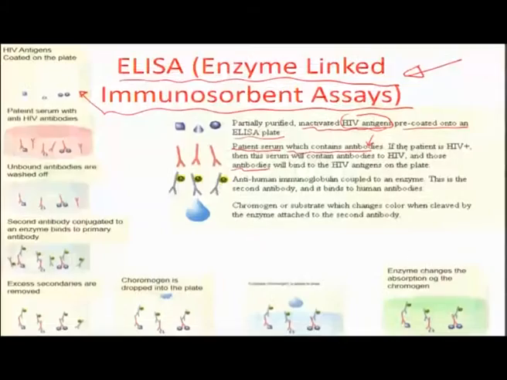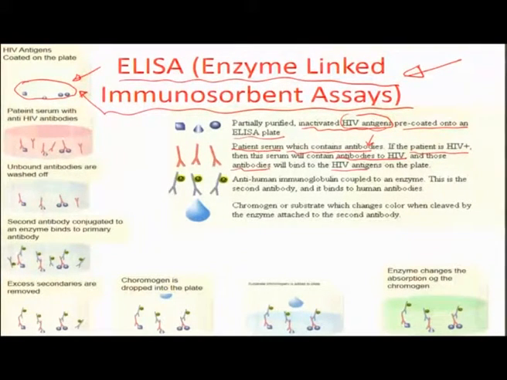So, if the patient is being diagnosed for whether he is HIV positive or not, and supposing there is an infected patient, his blood will definitely contain antibodies which are grown to the HIV antigen, and those antibodies will definitely bind to the external HIV antigens which we have put in the ELISA plate in step 1 of the reaction.